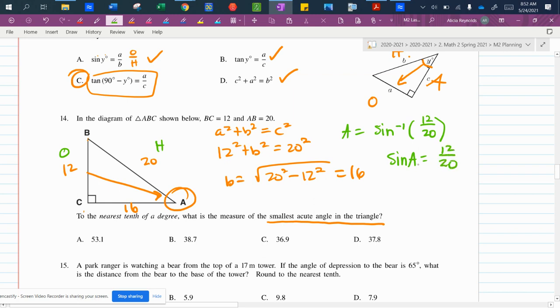When we're solving for A, and the step where we divide by sine, that's when we use the inverse. That's the exponent of -1. So whenever we're trying to find a missing angle, we have to use our inverse trig functions. So when we do the inverse of sine 12 over 20, what do we get? C. Very good.